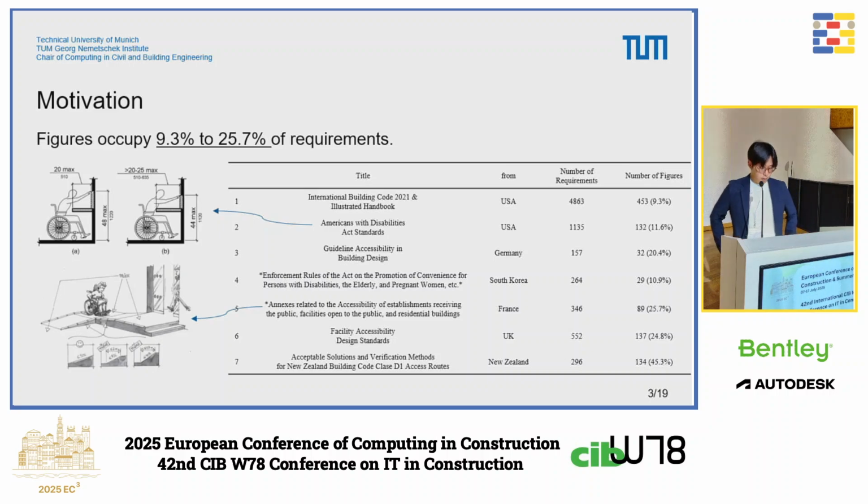Based on our analysis of several regulations around the world, figures account for 9 to 25% of the content in the regulation documents. This means that the current approach, which relies mainly on textual requirements, overlooks a significant portion of the regulation information. It leaves a critical gap in the automated compliance checking research domain.